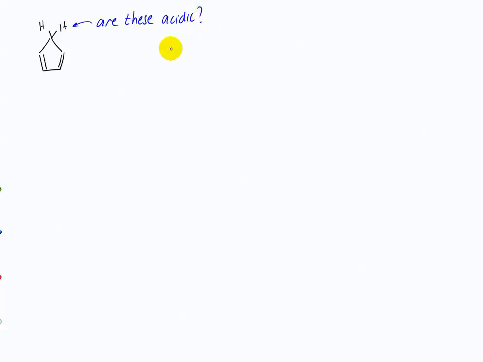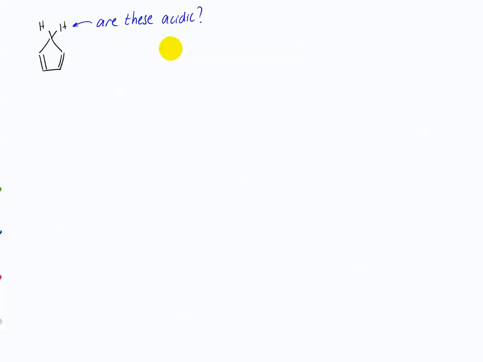That is, do they have a low pKa? Can they be easily deprotonated? Now normally, you would say, well no, sp3 carbon-hydrogen bonds have super high pKa's, like 50, 60, something like that. But resonance actually changes that.